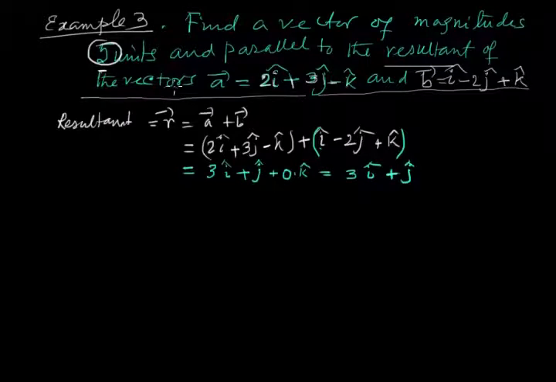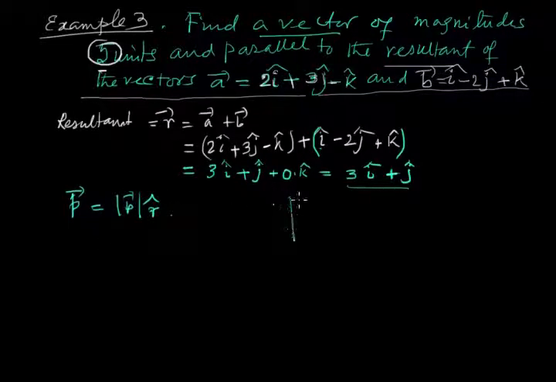Now the question is you have to find a vector, say vector P, whose magnitude is 5 and parallel to the resultant of this. So we'll define a unit vector R cap here. So how will we get the R cap?